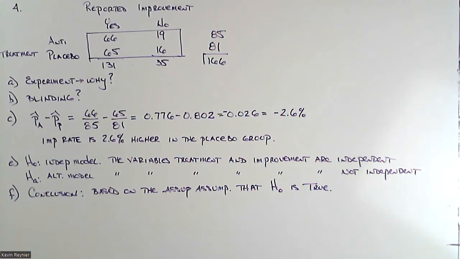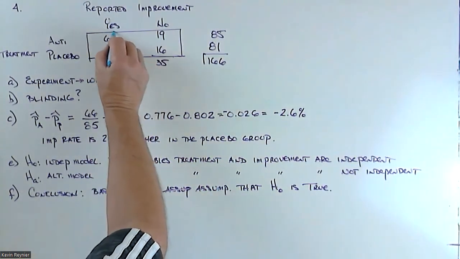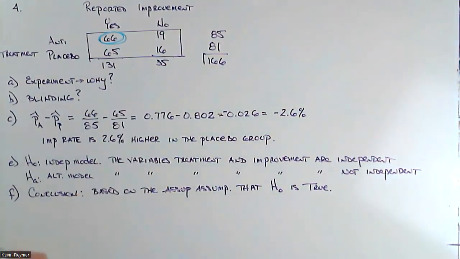In each simulation, the summary value reported was the number of patients who received antibiotics and self-reported an improvement in symptoms. So this is what they've recorded.